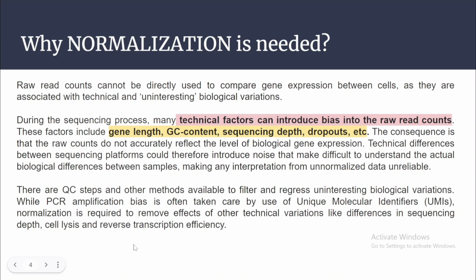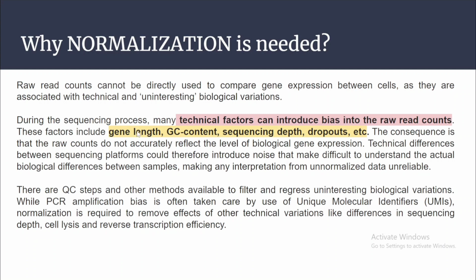Why is normalization needed? This is a big question, and there are several points to answer this. The raw read counts cannot be directly used to compare the gene expression level between cells. The reason is that they are associated with some variation that is technical and uninteresting biological variation.